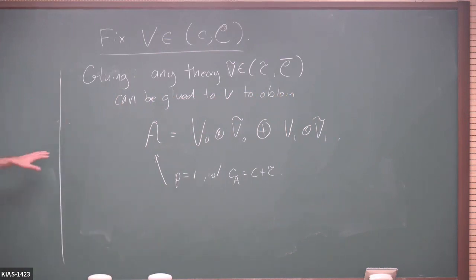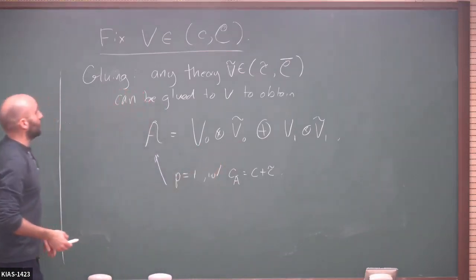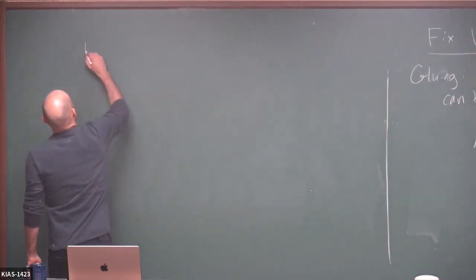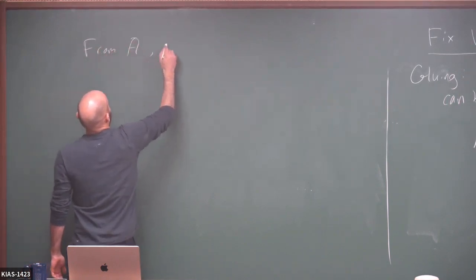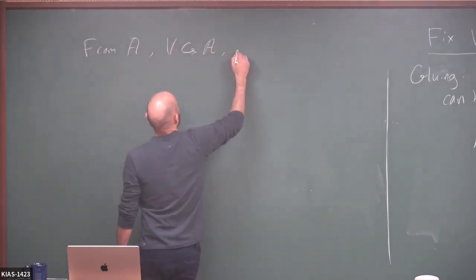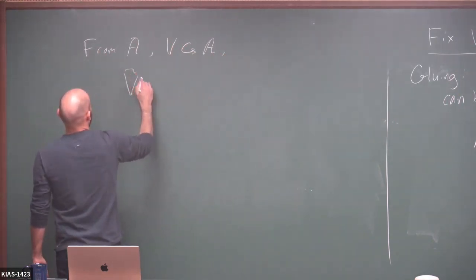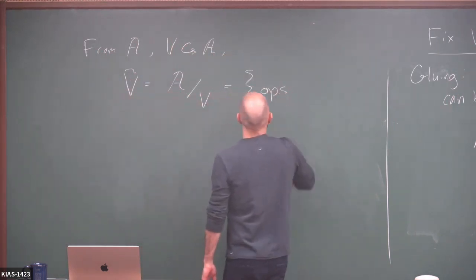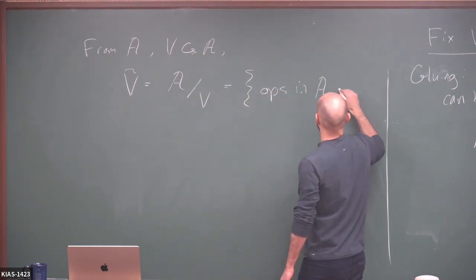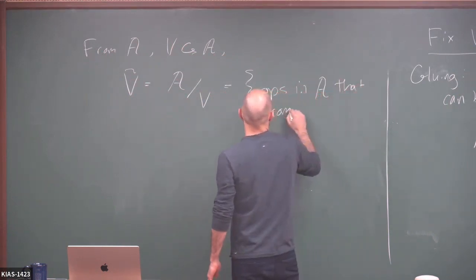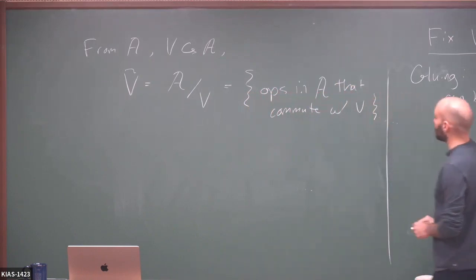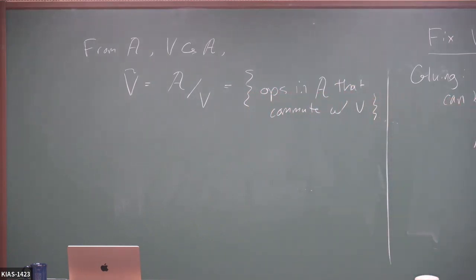It turns out you can also reconstruct V twiddle from A and knowledge of how V embeds into A. So from A and the embedding of V into A, you can obtain V twiddle as a coset, which I'll just say in words is the operators in A that commute with V. So this gluing is like a mathematical way of taking a coset.